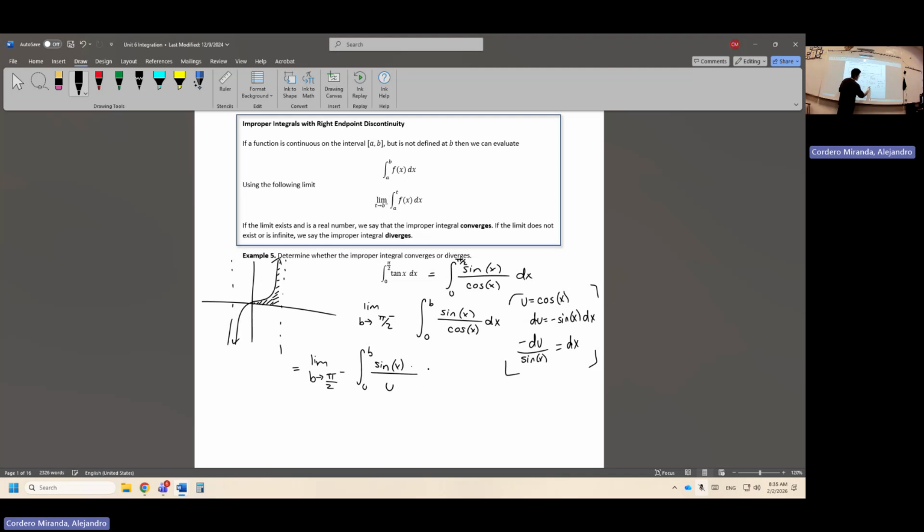Cosine was u, dx was negative du over sine. Okay, and so I get negative sines cancel. So negative 1 over u du.